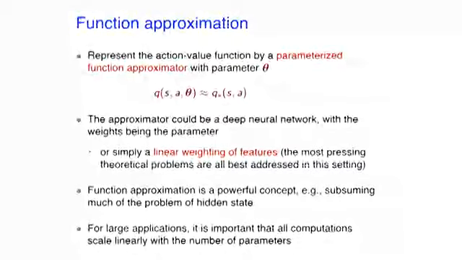I thought I found all the bugs in my slides, but right here, this Q should have a hat on it, because this is going to be our approximation. So from now on, we're going to learn an approximate action value function given a state, an action, and a parameter theta.